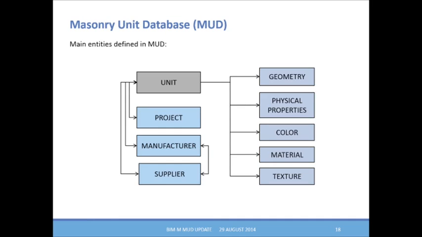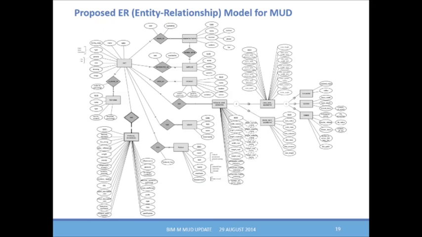And going back again to this diagram that we had, the internal and external attributes for the masonry units, we can translate that data to this picture, which can be a little bit confusing at this point, but this is a view of an entity relationship model for a relational database. Basically, this diagram is telling us, if we have the masonry unit, the manufacturer, and the supplier on the top of the picture, how they are relating to each other, and what are the specific attributes for each.